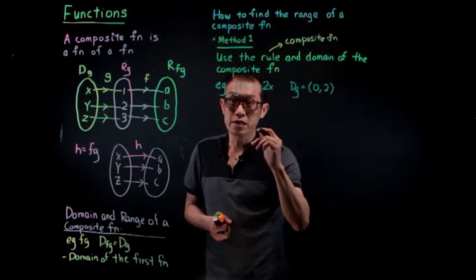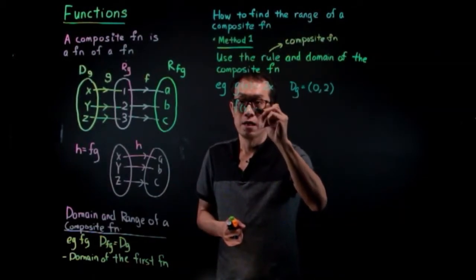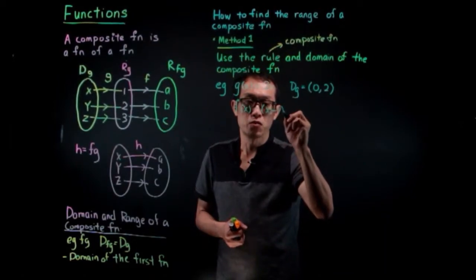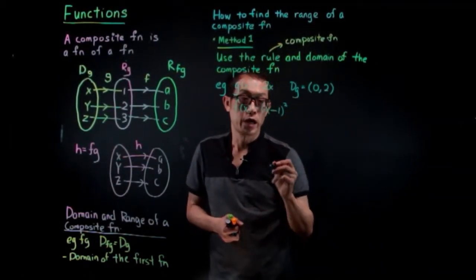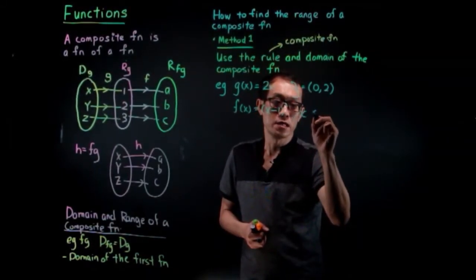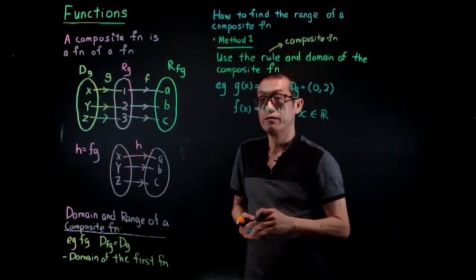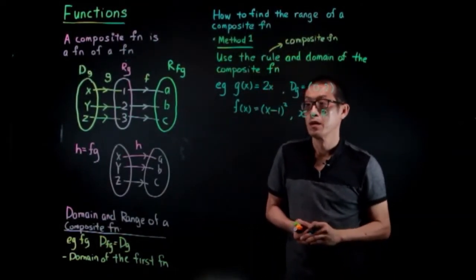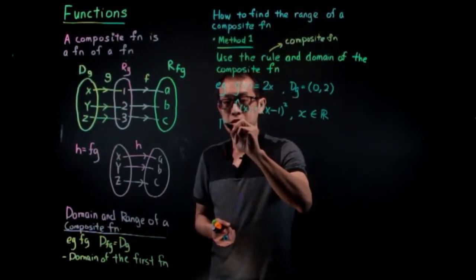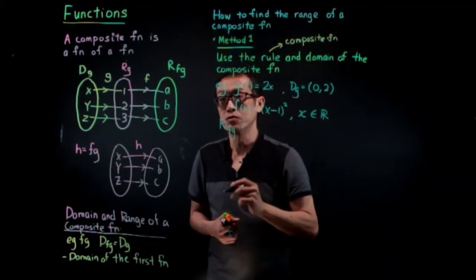And I have another function called f of x, and that is given by (x minus 1) whole thing squared, where x is a set of real numbers for f. Now we want to find the range of fg.